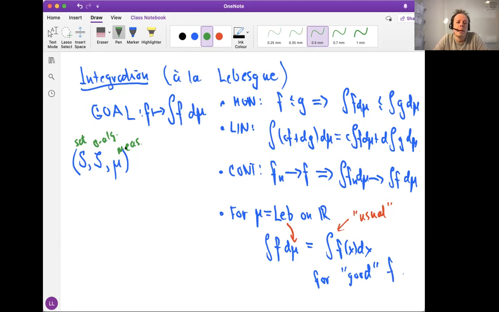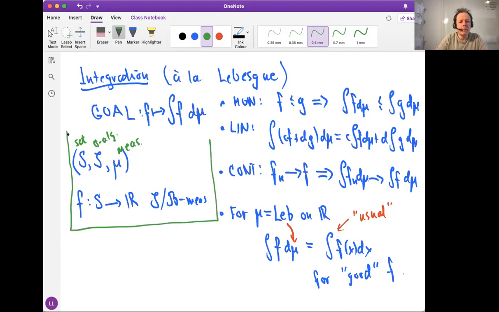So now we assume that mu could also have infinite mass or any finite mass for the total set S. In this setting, f will be a function from S to the real line, which is measurable in the sense that it is S and Borel sigma algebra measurable. This is our setting where we would like to define what this integral means.